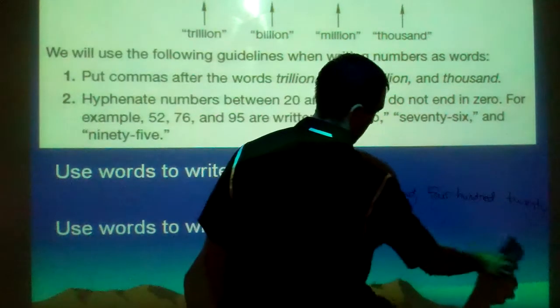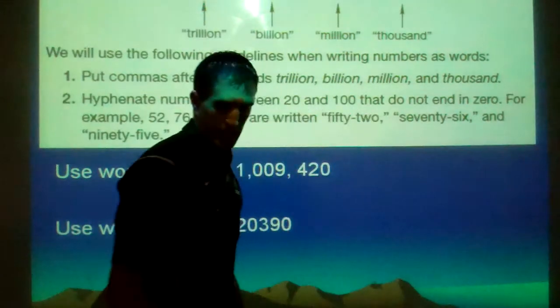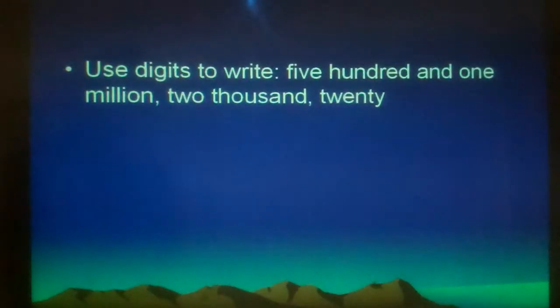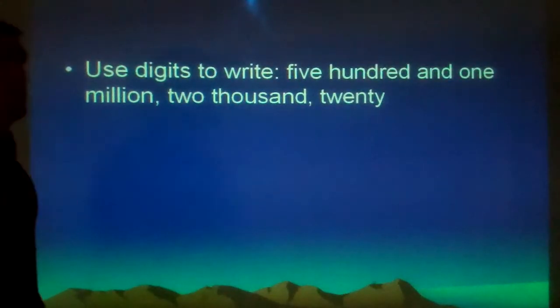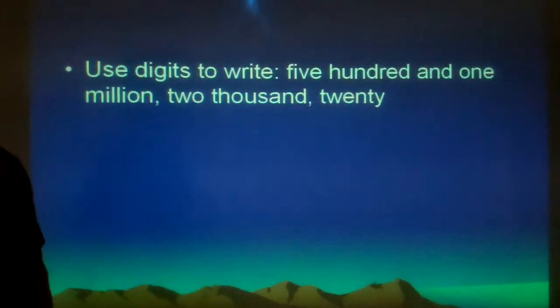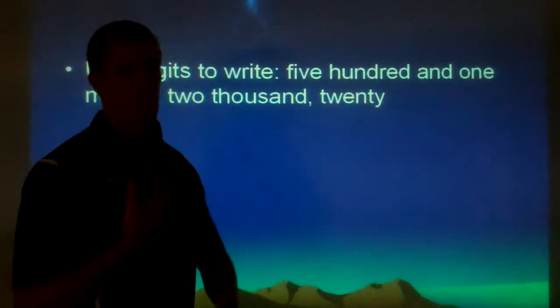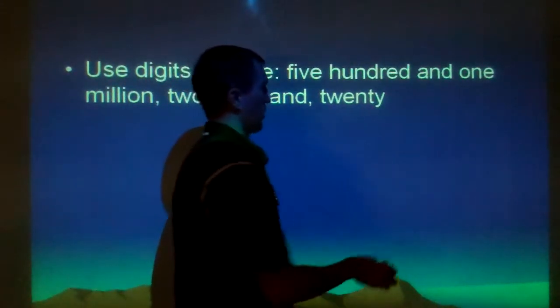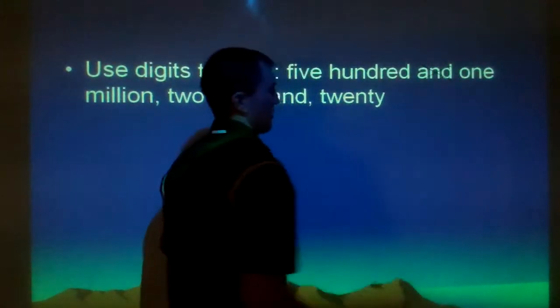And there are plenty more examples of that in the book and in their assignment. Okay, now we're going to go the other way. Use digits to write 501,002,020. Now, I made a mistake on this one myself. I said it earlier, we don't need the and in there. That shouldn't be there.